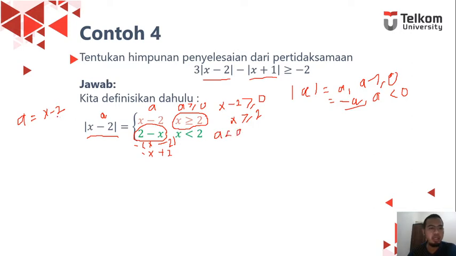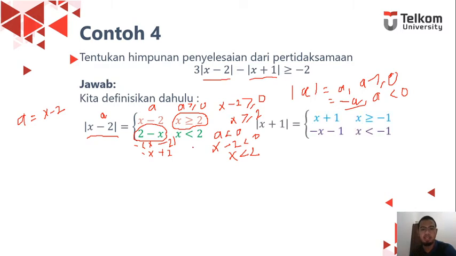Since we assume a is x minus 2, that means x minus 2 is less than 0, so x is less than 2. So we can say the absolute value of x minus 2 means x minus 2 when x is bigger than or equal to 2, and also 2 minus x when x is less than 2.